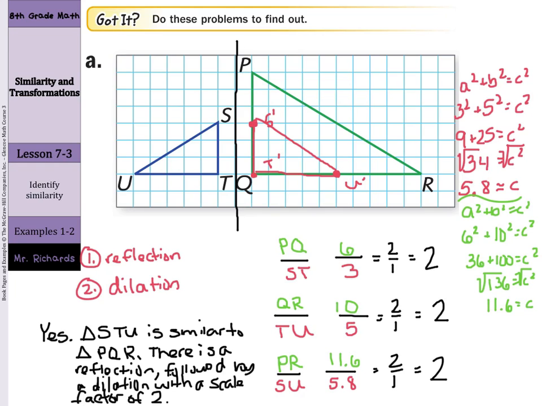So again, we reflected it, and then we checked the ratio of the lengths of the sides and came up with 2 for all of them. So that's how we know it's similar.